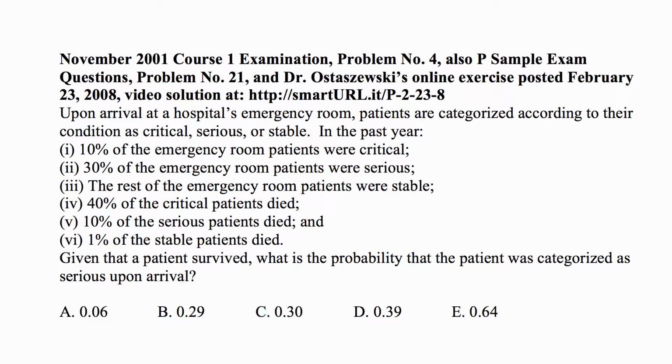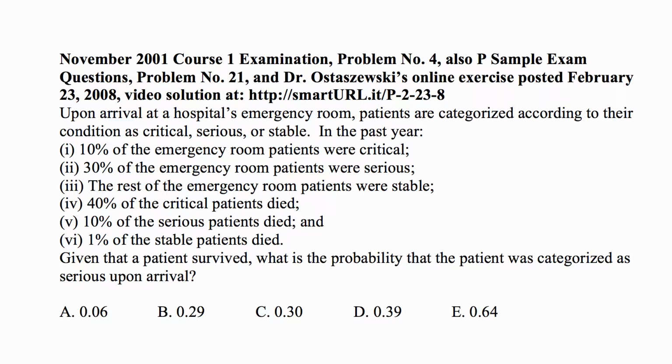Here's a problem for exam P on probability. Upon arrival at a hospital's emergency room, patients are categorized according to their condition as critical, serious, or stable.